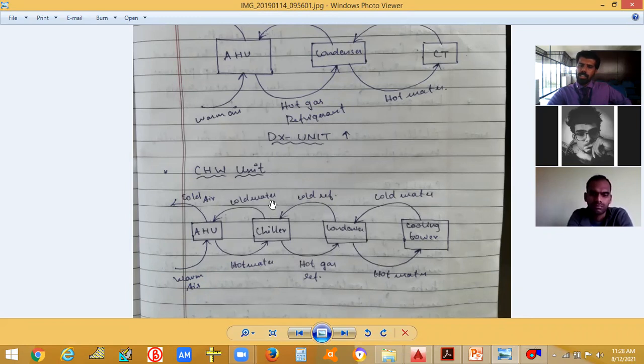And not only that, in this chilled water unit, we will be having these two setups. It will have two different operations in a single unit only. Usually, this chiller plus condenser is actually called a chiller, but you will be having two different operations.